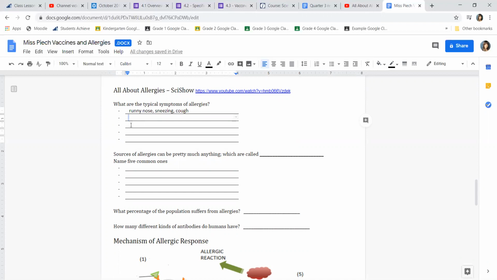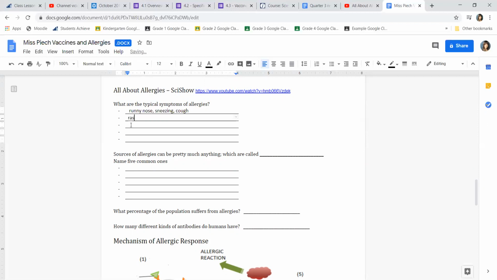I feel so sorry for those who have seasonal allergies right now, and when they go out and they're coughing or sneezing, people look at them like, oh no, are you sick with COVID-19? When in fact it's just allergies. So it can definitely have the look of a cold, when in fact it's just allergies. Runny nose, sneezing, cough, those are all symptoms of an allergy.